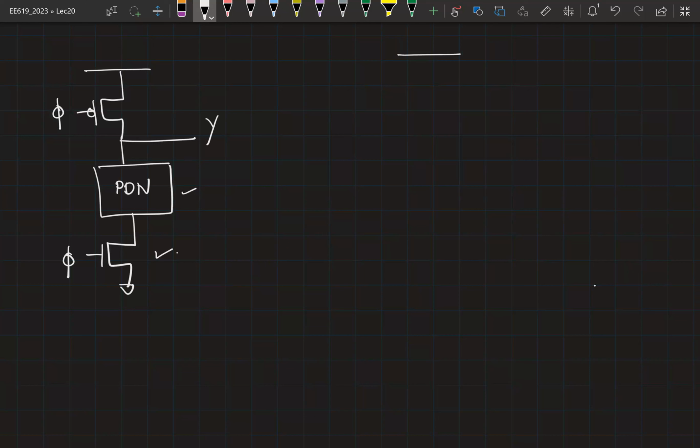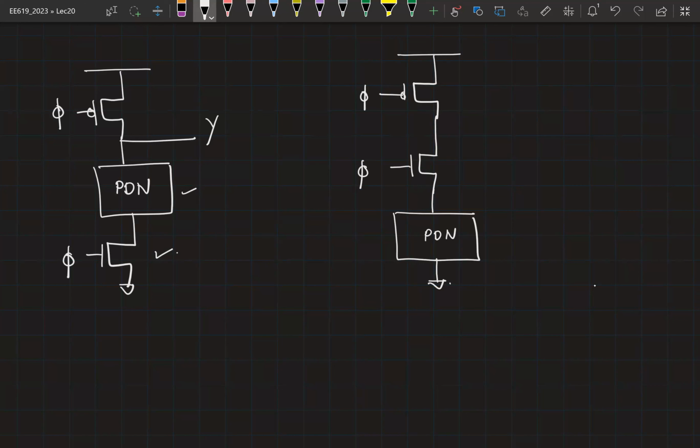I could have connected it in this manner. So this is phi. This is again the output. Let's say this is case 1 and this is case 2.